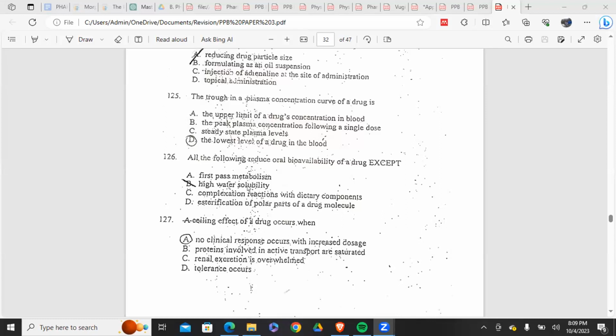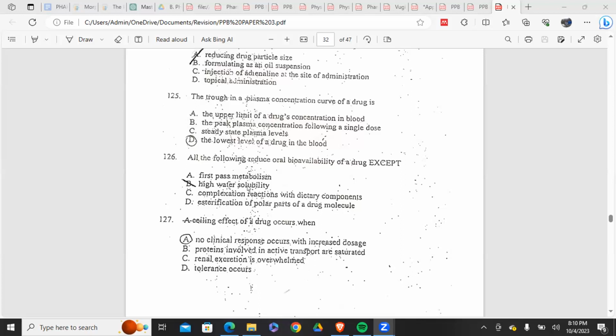Drug molecule. I think I'd still go with B as a matter of elimination. Lakini we mwalimu I think esterification would make it itafanya ikuwe less soluble. So hata mimi ningeenda na B. Esterification itaifanya ikuwe less soluble. Hapana, inafanya more soluble esterification. And so B and D zinaongelea the same thing. All the following reduce oral bioavailability of a drug except high water solubility.